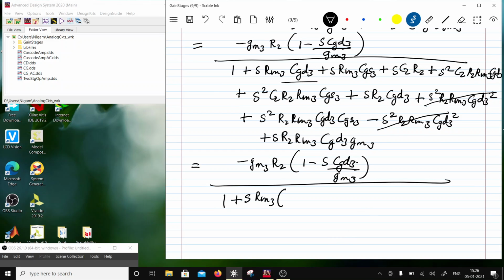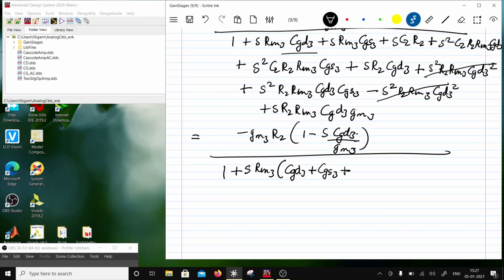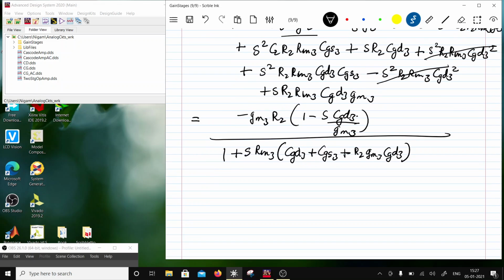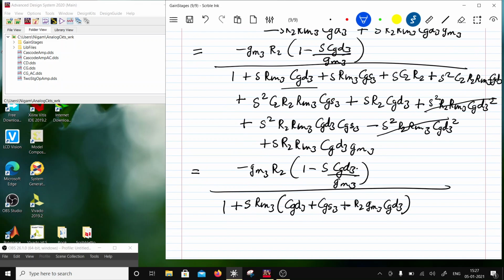This is first term. This will be Cgd3 plus, what's about the second term? Cgs3. Correct? Then I have another term of S Rn is over here, which will be R2 Gm3 Cgd3. Okay, so this is there plus, so I have covered which terms? Let me just point.